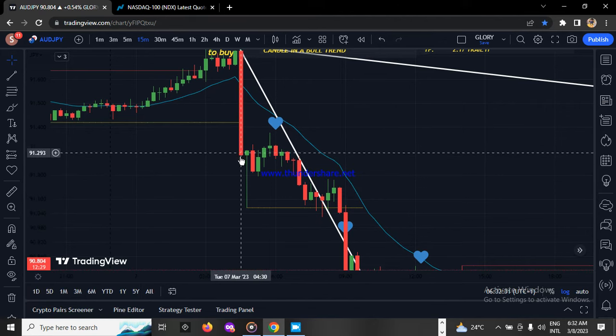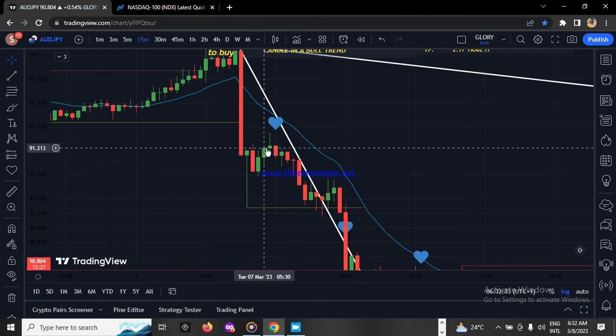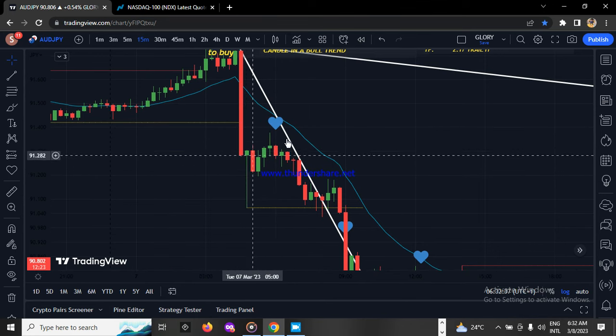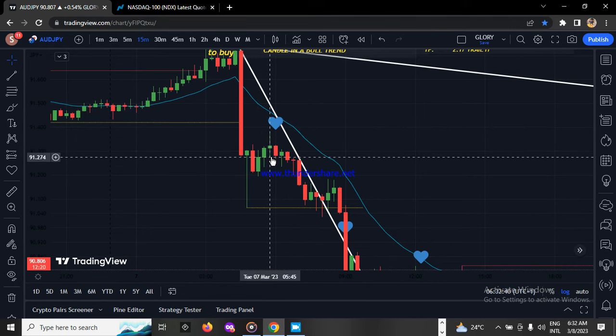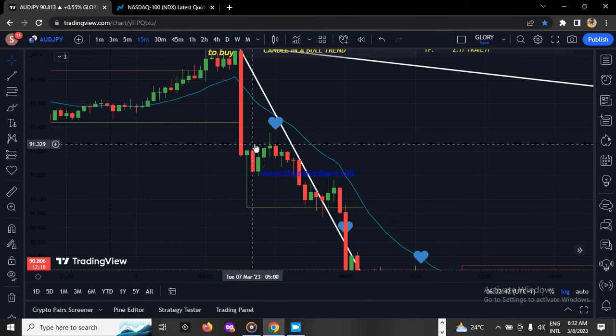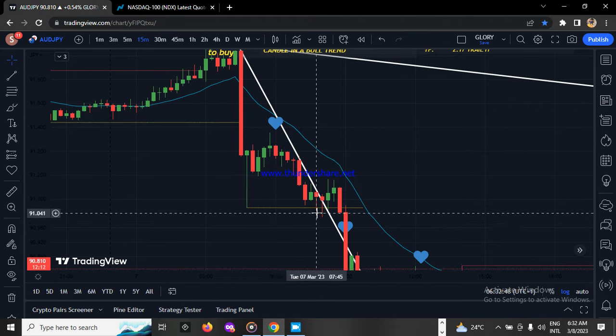You can see how the market was falling. The early bulls, as this bullish candle goes above the high of this one, but immediately dropped down again and started selling.